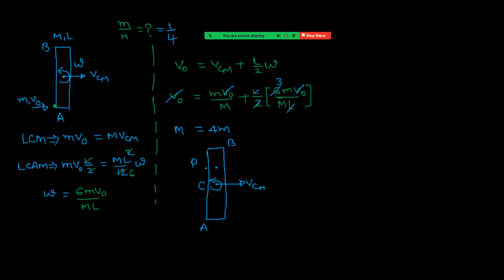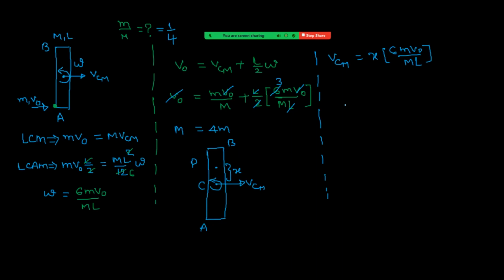That means there is a chance of cancelling velocity because of rotation and because of translation. So the possibility is that VCM, velocity because of translation, should be balanced by velocity because of rotation if distance equal to x. So x into omega. Omega value 6 m v naught upon m l.